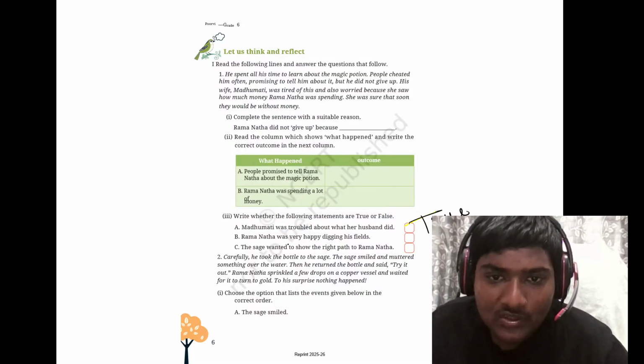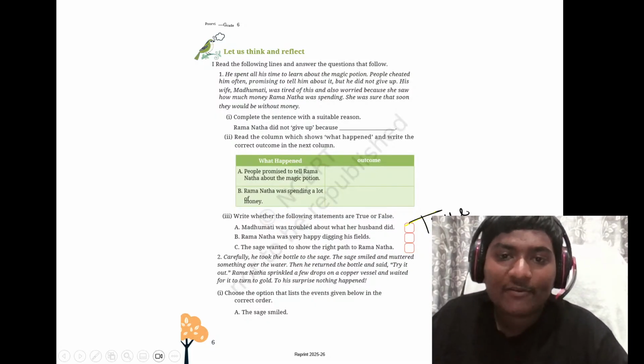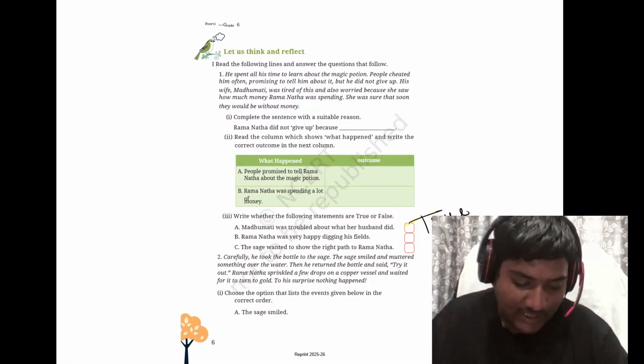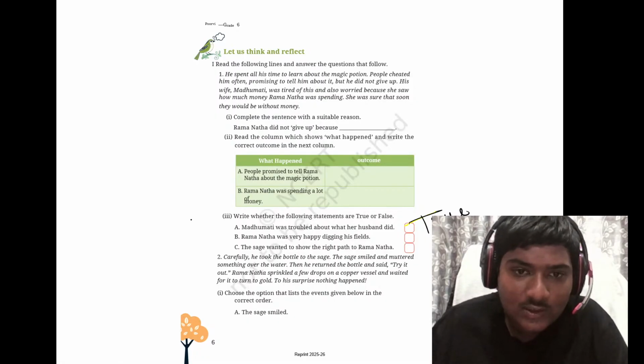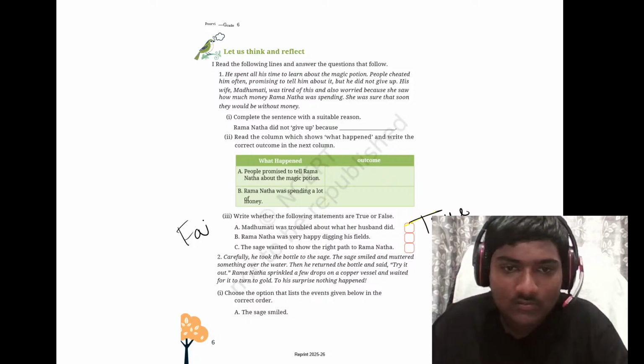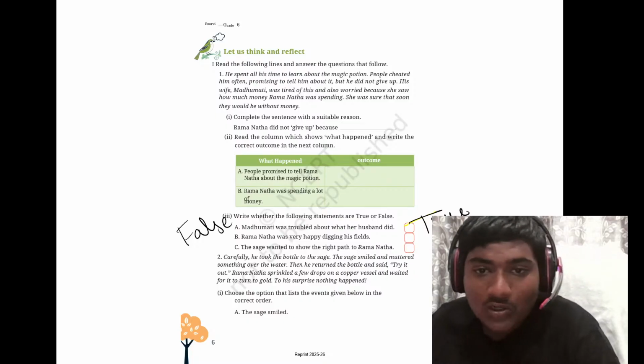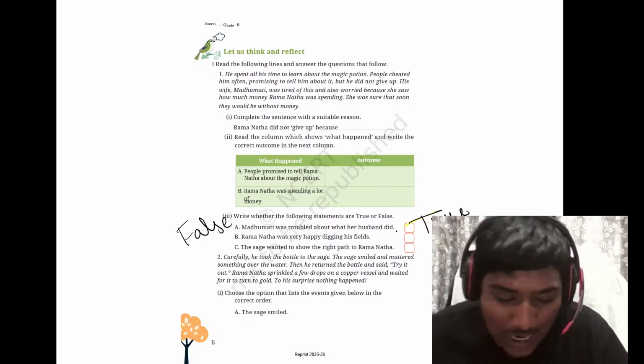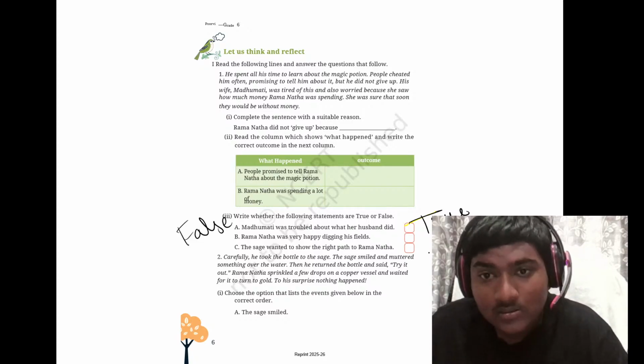Ramanatha was very happy for digging his fields. True or false? Let me know. Yes, it was false, absolutely. The sage wanted to show the right path to Ramanatha. Of course, yes.